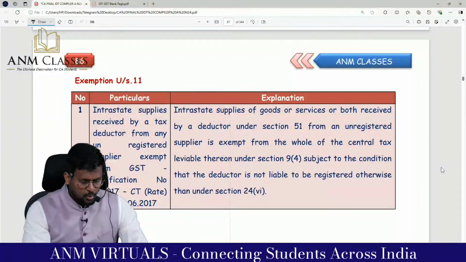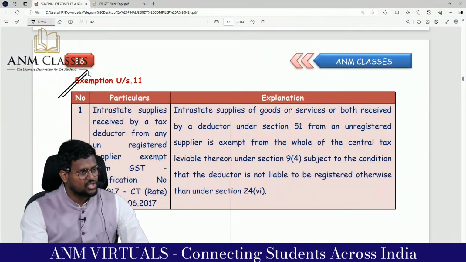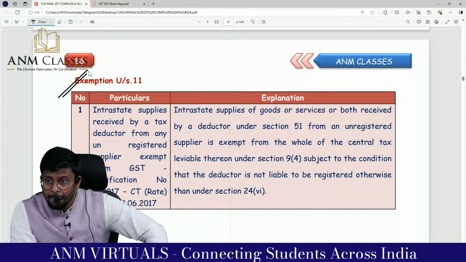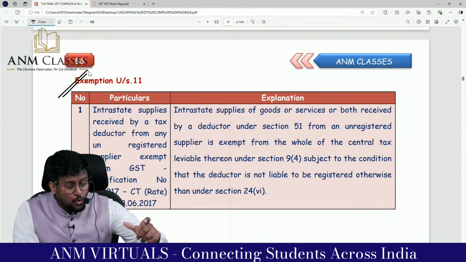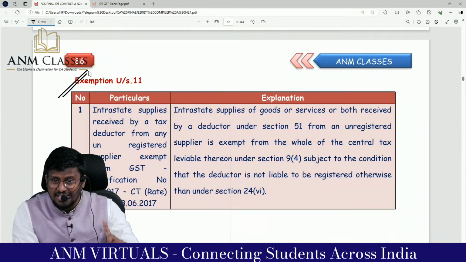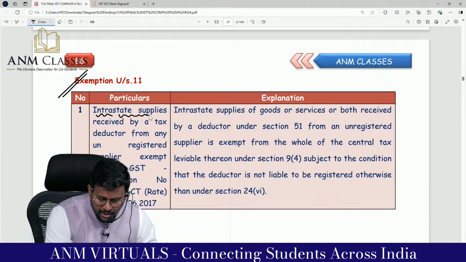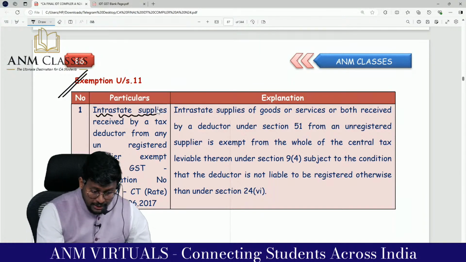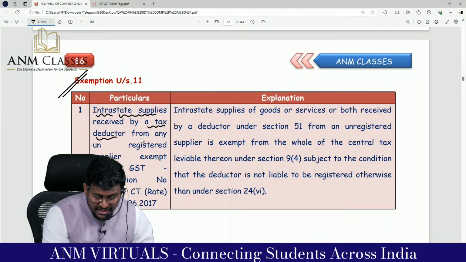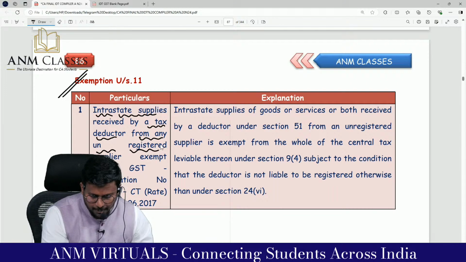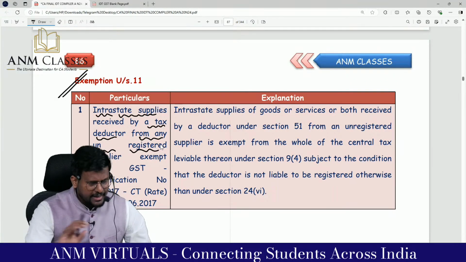Comfortable? Yes, sir. We have an exemption under section 11. For section 9(4) or 5(4), we have an exemption under section 11. Sir, intra-state supply received by a tax deductor from any unregistered supplier is exempt from GST.